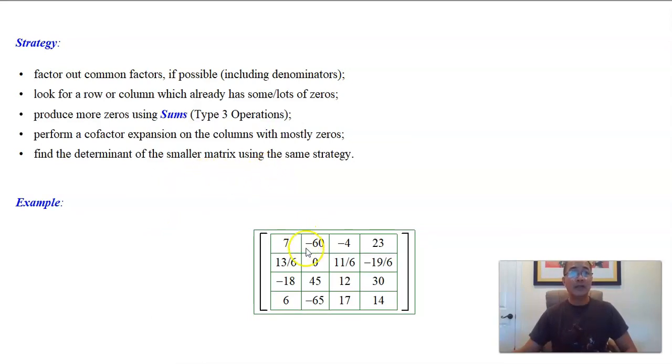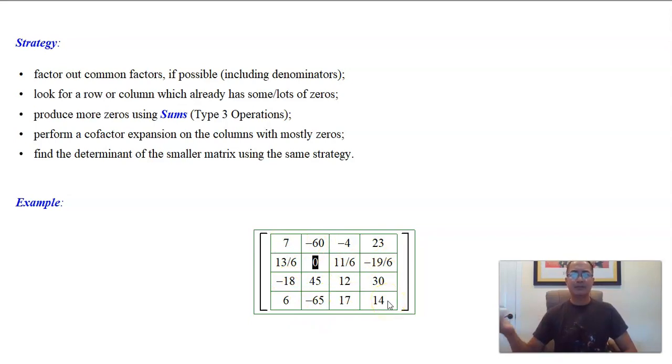Once you have mostly zeros, except maybe for one entry, then you can perform a cofactor expansion on that row or column. Now, why are the zeros good? Think about the minor that we get from this 0. We will delete that column and that row, and we'll get a 3x3 determinant.